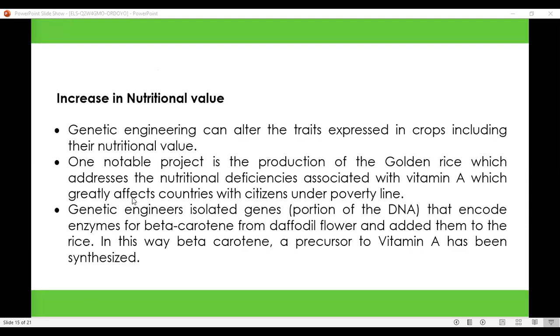So, let's continue. One notable project is the production of golden rice, which addresses the nutritional deficiencies associated with vitamin A, which greatly affects countries with citizens under the poverty line.